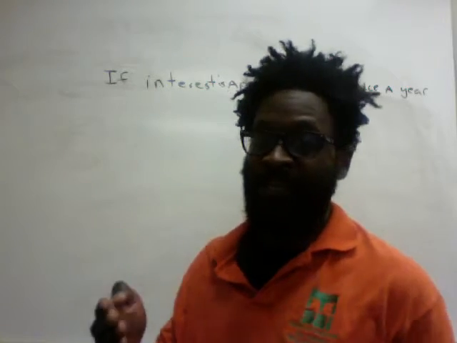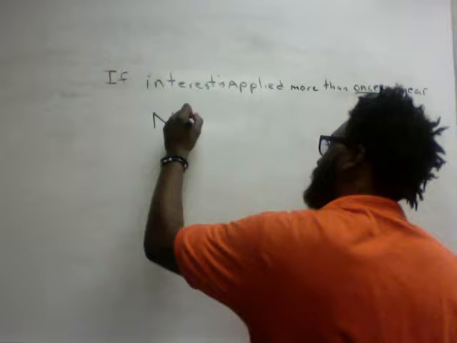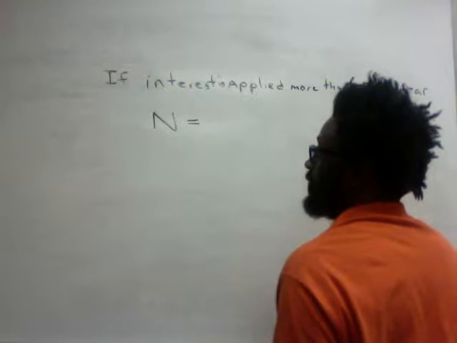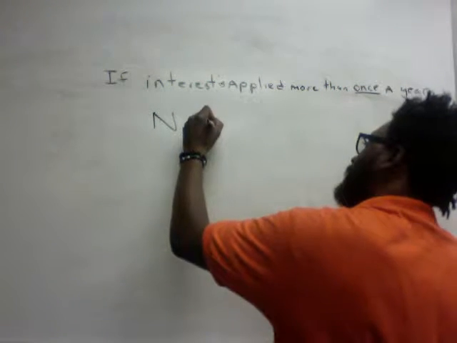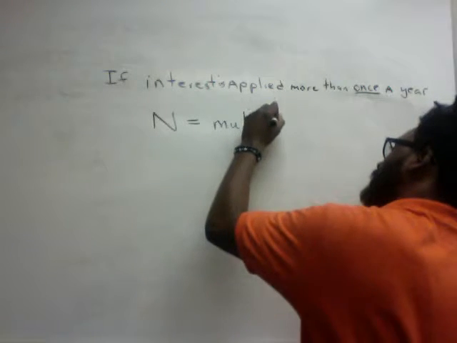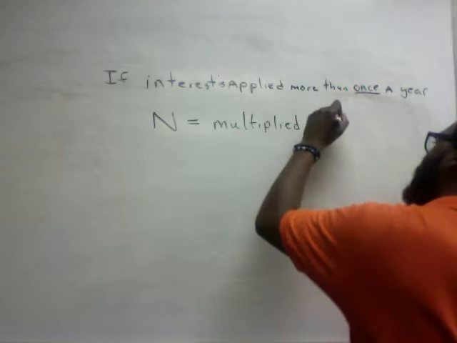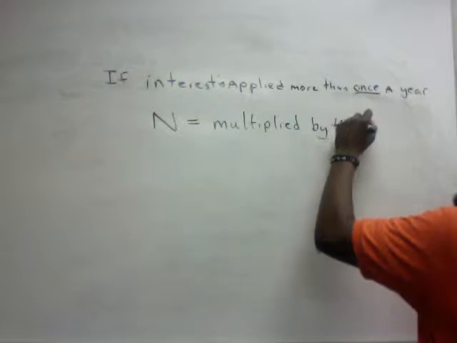Your interest and your number of periods need to be adjusted. So what happens to your number of periods? Your number of periods get multiplied by the frequency.